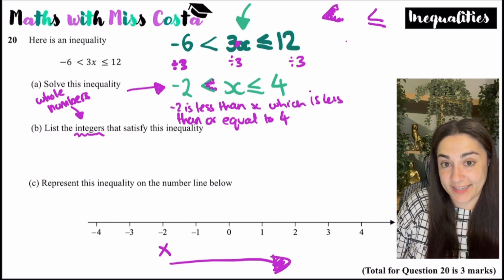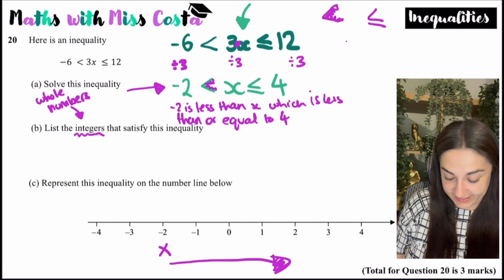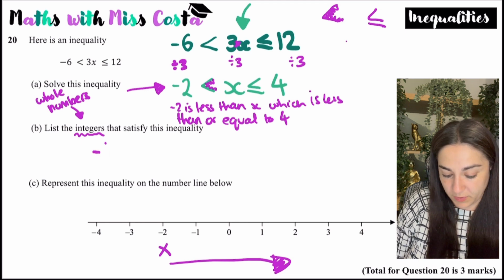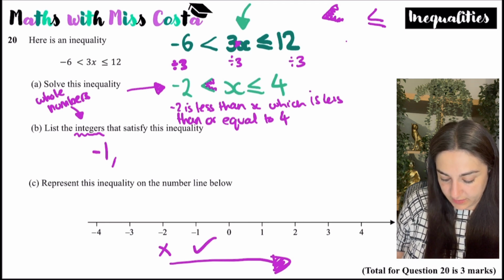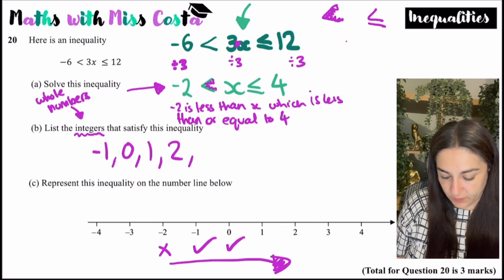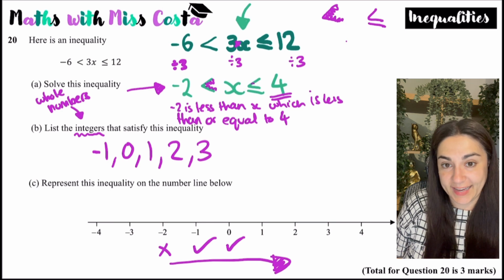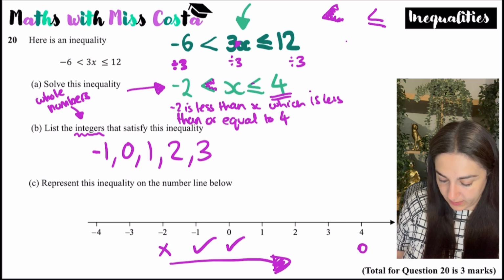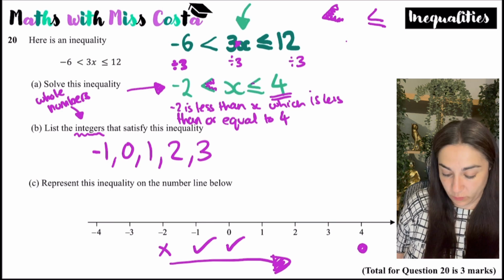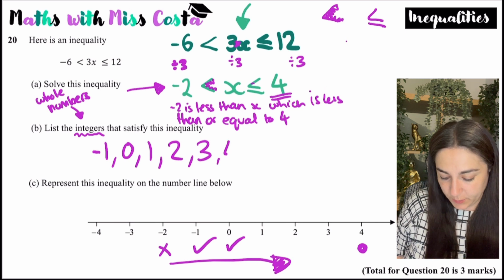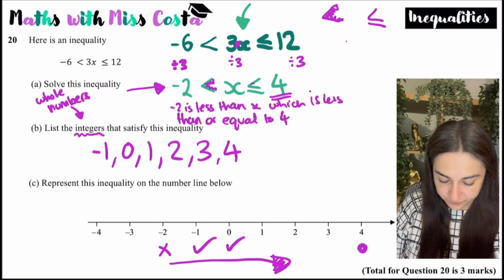So the next integer, the next whole number after -2 on a number line would be -1. Then you've got 0. Then you've got 1, 2, 3. Until we get to 4, we know that x is less than or equal to 4, which means it can actually be 4 because it's less than or equal to it. So we'd write 4 as well.